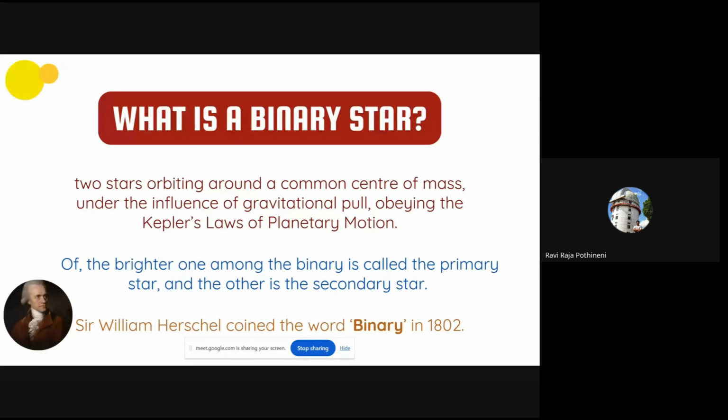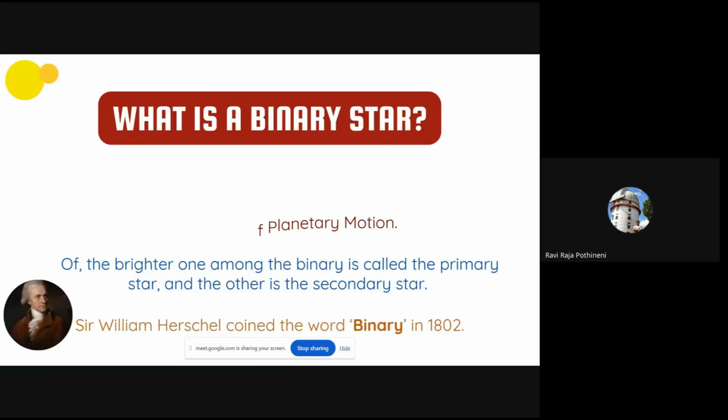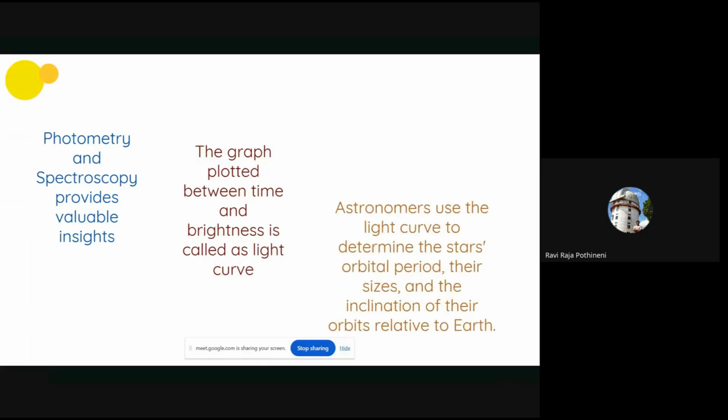As I mentioned, they are gravitationally bound to one another and orbit around each other, so they obey Kepler's laws of planetary motion. Making use of Kepler's laws, we try to understand the orbits and various parameters related to the binary star system, especially orbital parameters.